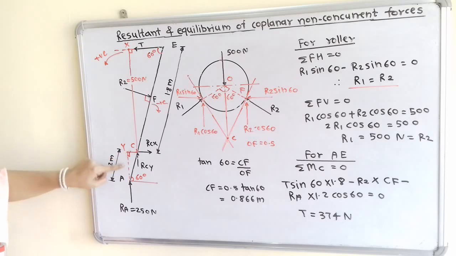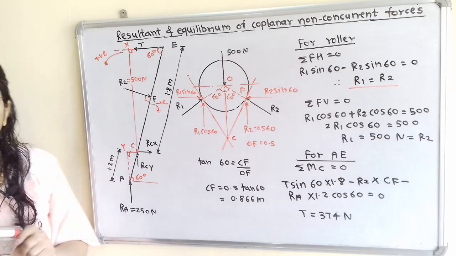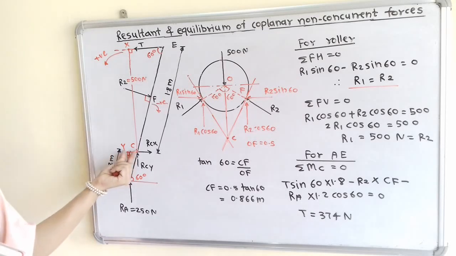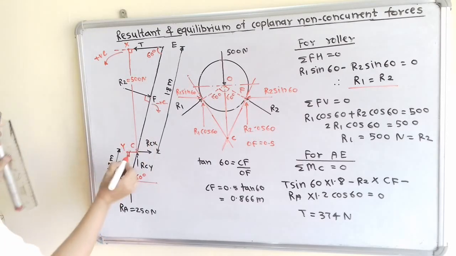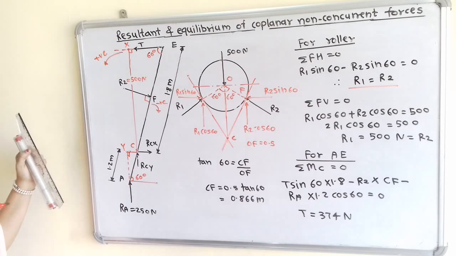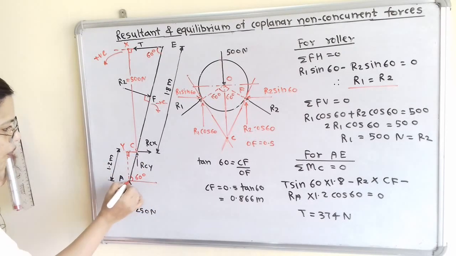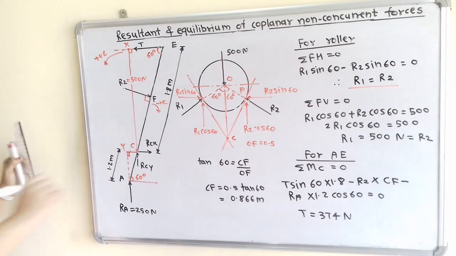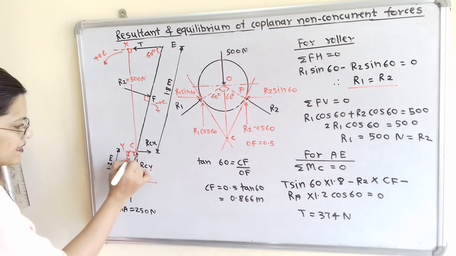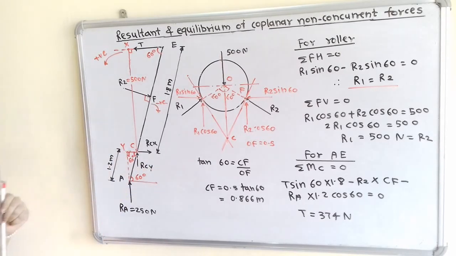Now in this triangle AYC we have to find out the distance YC. How to find out? Now if we observe, this YC is a horizontal line and here also this is a horizontal line, and this is the common inclined line AC. So these are opposite angles and this angle is 60 degree.